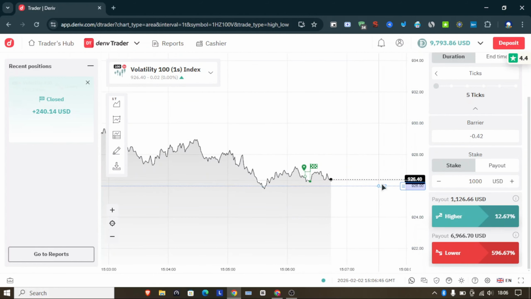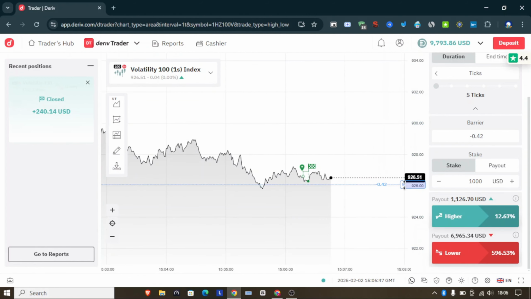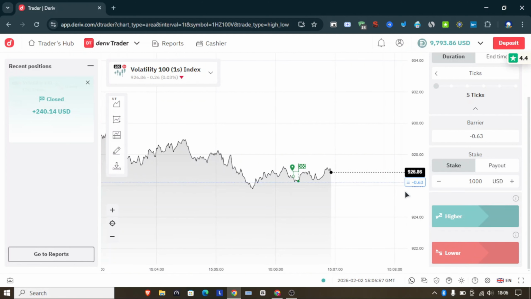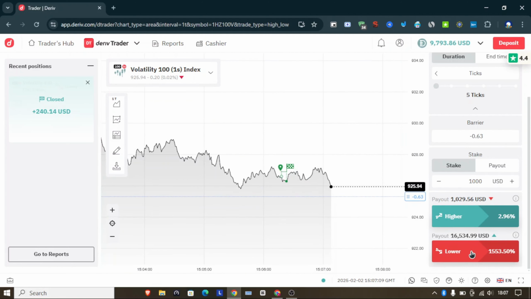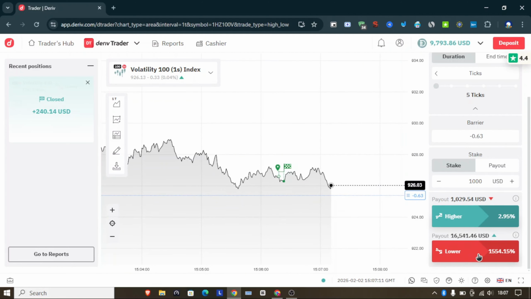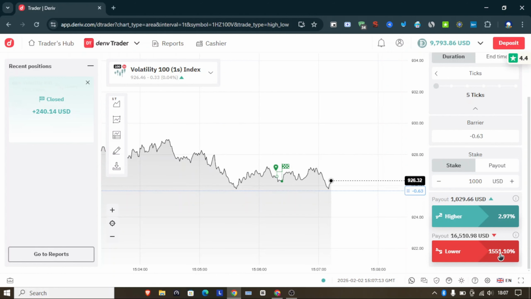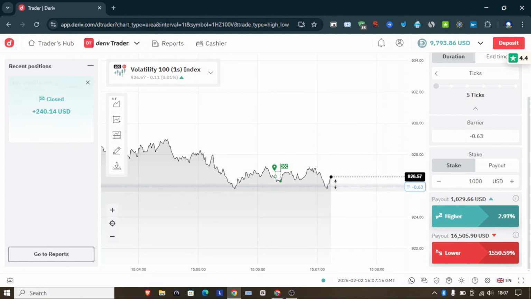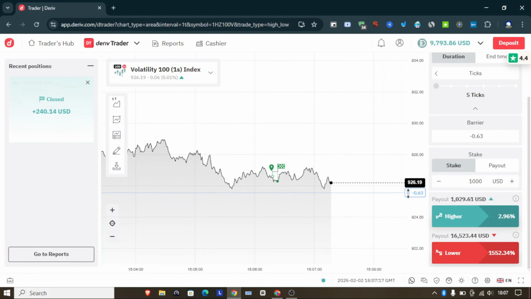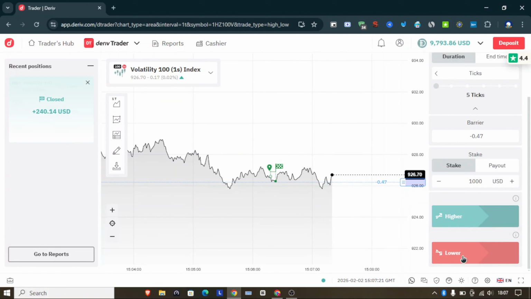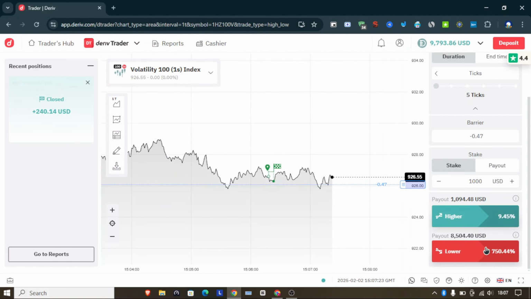If the market is trading upside, then you may decide to bring it down. Let's see, I can see the profit has increased a lot because they are extra sure. You see, when I bring this one down, the more I bring it down, the more the profit increases.